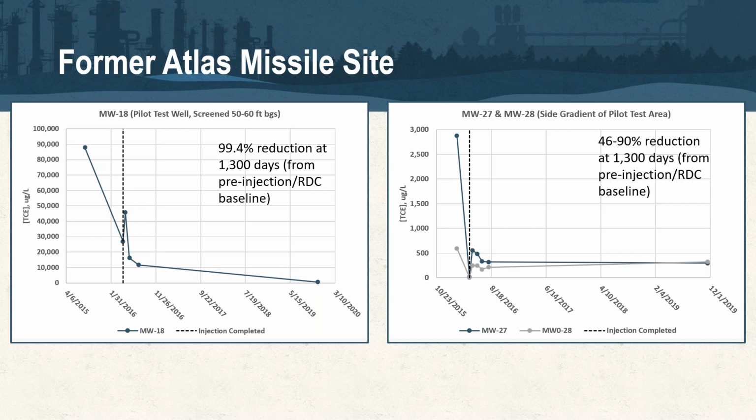This is a good example of, even though it's a small project, it's one site, that over time the technology can handle these higher concentrations. MW27 and 28 are side gradient, and so you can see the decreases that were observed, not as great as MW18, but these were outside of the treatment area.